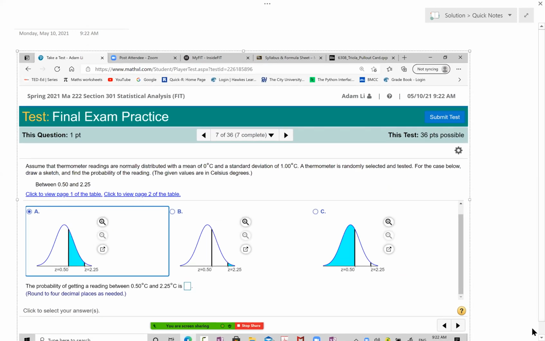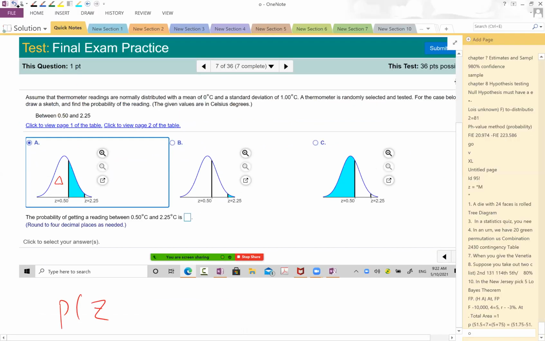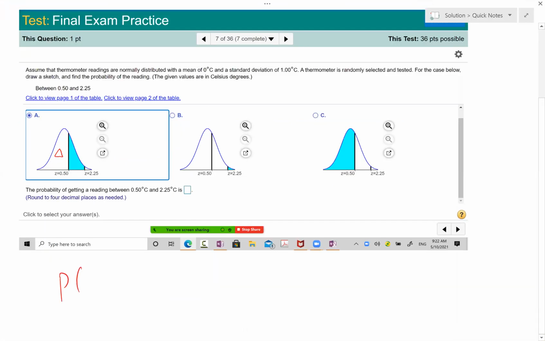So right here, we look up 2.25 first for the bigger area, including the shaded region and also this triangle area. So the probability for z-score greater than 0.5 and less than 2.25.